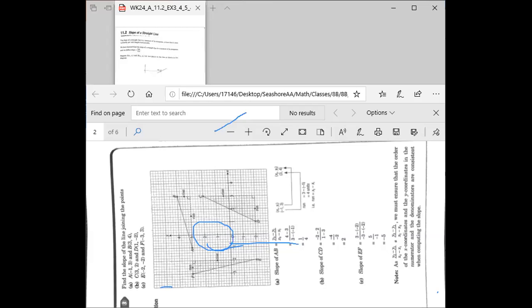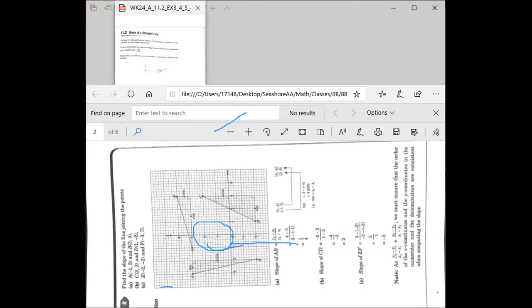Okay, so for this question, it asks us to find the slope of the line joining the points for question A, A point and B point. So we know the formula: slope of AB is equal to y2 minus y1 divided by x2 minus x1.